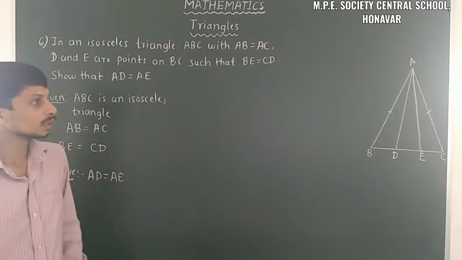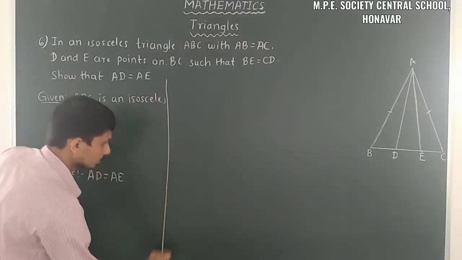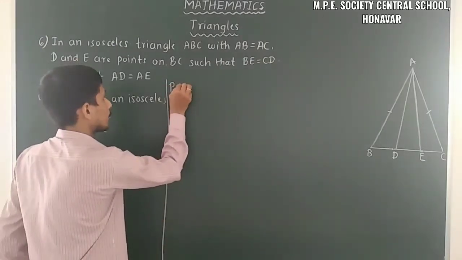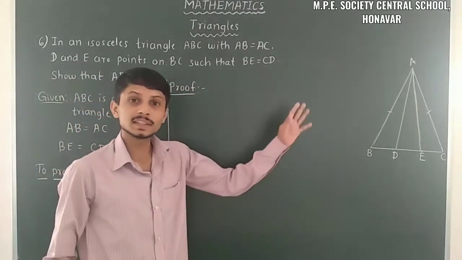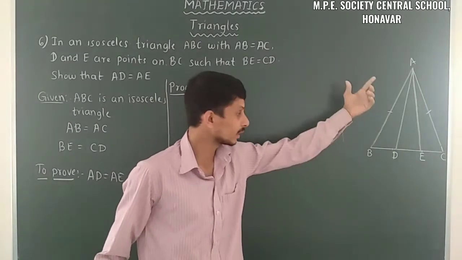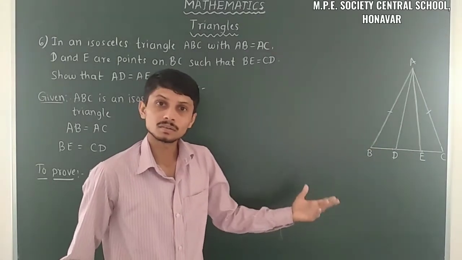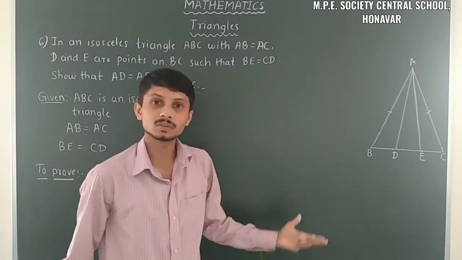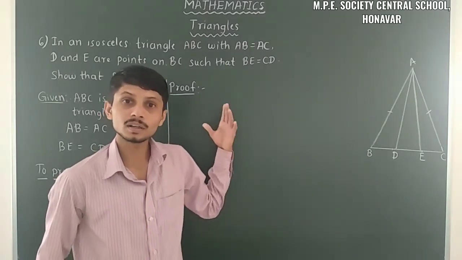Yes. So let us take the proof. Consider triangle ADB and AEC. You can take AEB and ADC also, those two are the same. And when we take ADB and AEC, it is also possible to find our required proof.